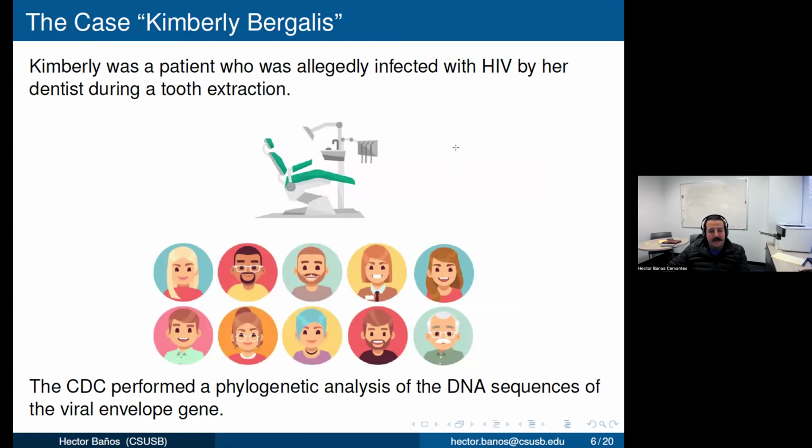So what they did is they took 10 people around the area who also were infected with HIV, and the CDC, the Center for Disease Control, performed a phylogenetic analysis, which I'm going to talk about later, of the DNA sequence of the viral envelope genome. What does that mean?